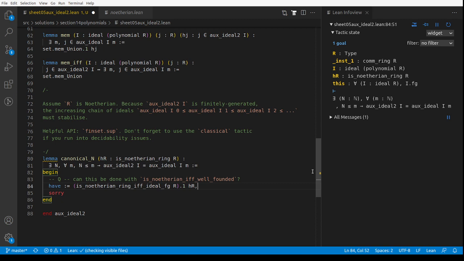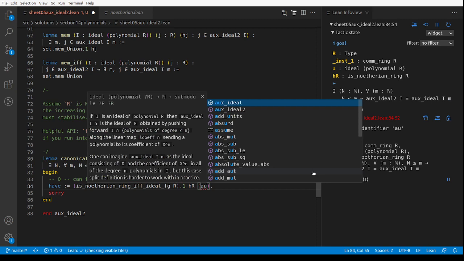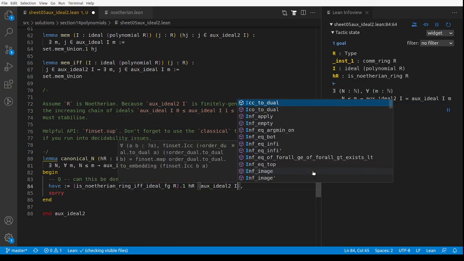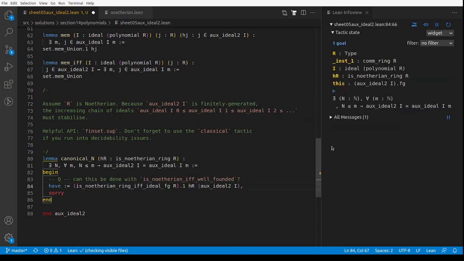And now I know that the ideal is finitely generated, so I can feed in aux ideal to I there, and now I know that this thing is finitely generated, and so I can probably do cases.